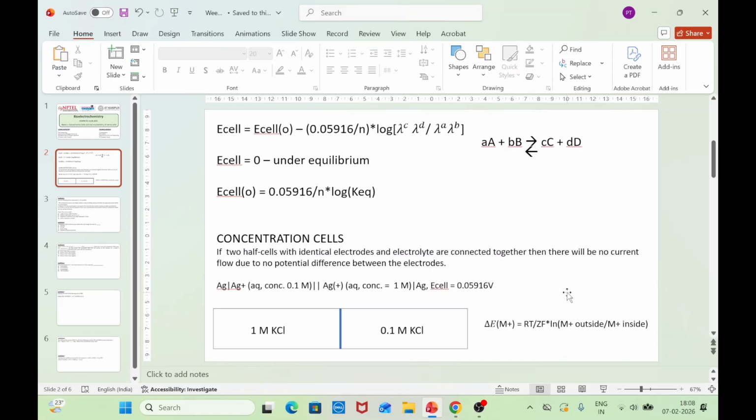So over there you have a nerve cell, and because of the concentration gradient there is only the diffusion of the K plus ions from inside the cell to the outer part of the cell, and this diffusion is going to happen through a semi-permeable membrane which only allows the movement of the K plus ions from the inside part of the cell to the outside part of the cell.